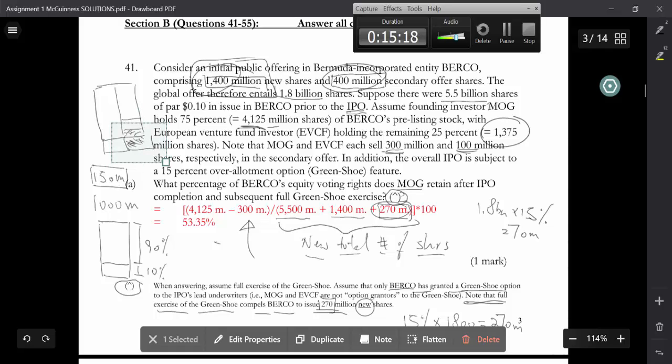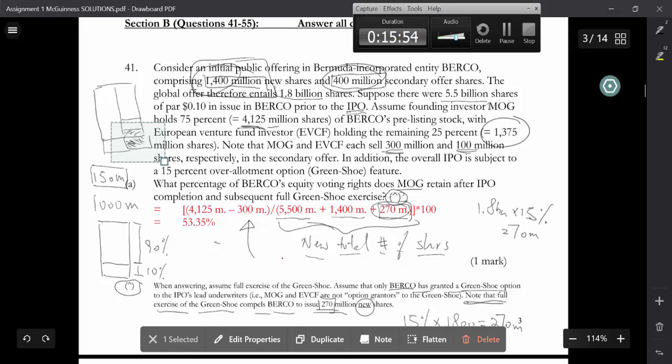My tip for you is, in this model of question, you will need to determine how the number of shares change from the old number to the new number. And not only that, you're going to be using that number a number of times a little later on, further down. So if you get that number wrong, a lot of your answers will be wrong. Okay, so think about that.